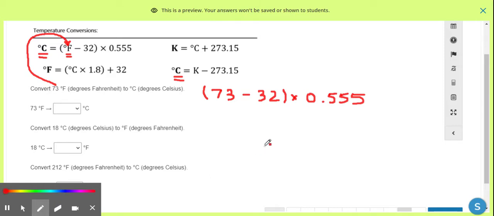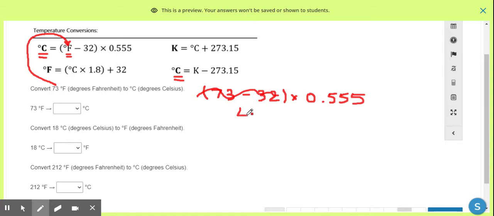So if you're doing this in a calculator, make sure you do 73 minus 32, get an answer, which in this case is 41, and then multiply by 0.555. That equals degrees Celsius.